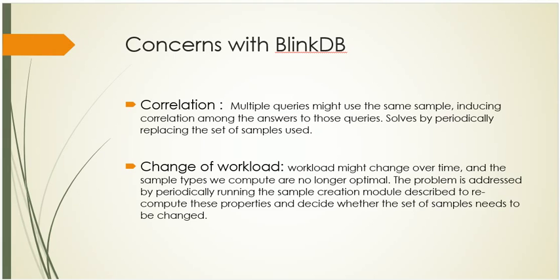To alleviate this concern, BlinkDB keeps track of statistical properties of the underlying data, such as variance and percentiles, and periodically runs the sample creation module to recompute these properties and decide whether the set of samples needs to be changed. To reduce the churn caused by this process, an operator can set a parameter to control the percentage of samples that can be changed at any single time.